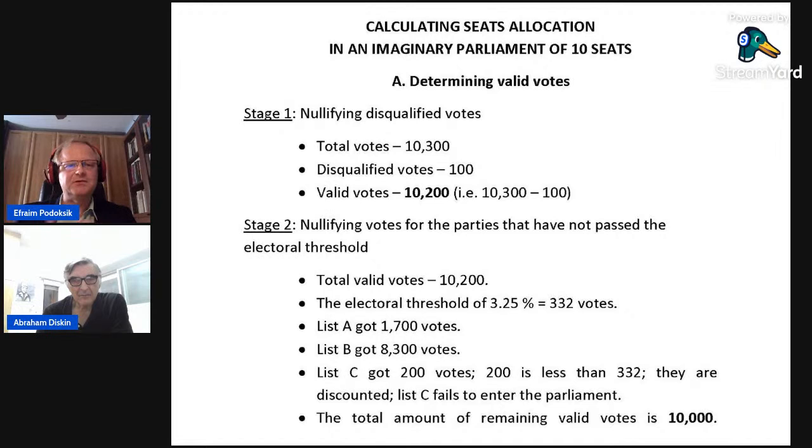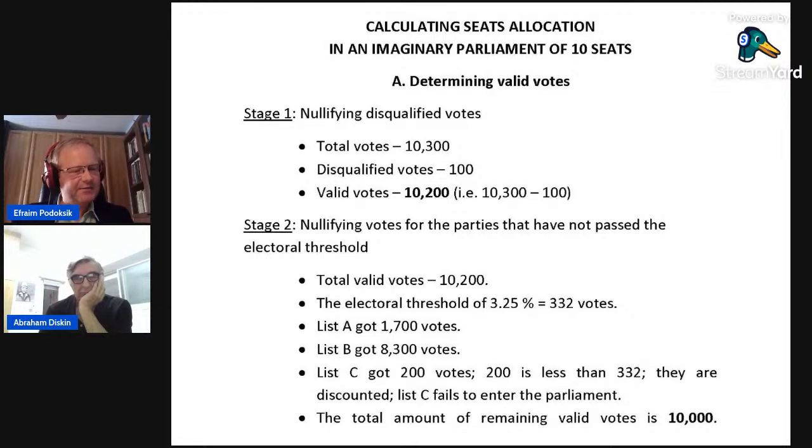We ignore them. They don't count at all. In my example, out of the entirety of 10,300 votes, 100 votes got disqualified by the election committee. So we now have 10,200 valid votes.